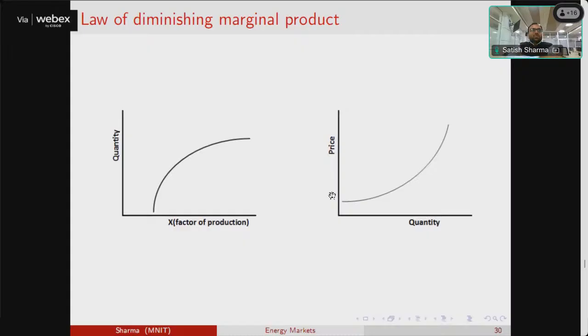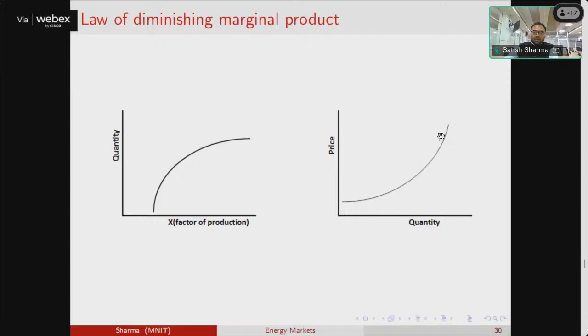Just like the opposite of marginal consumption, where if you want to consume more, you are willing to pay less. But if you want to produce more, you have to invest more for the next incremental production. Okay, so this is how it works.